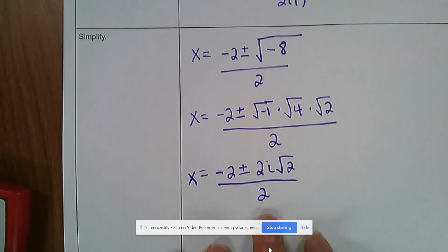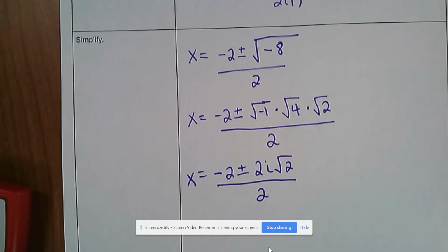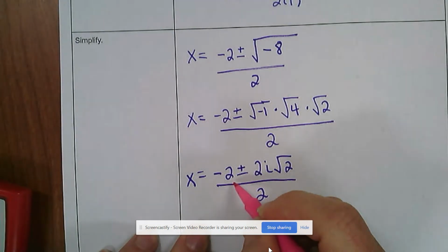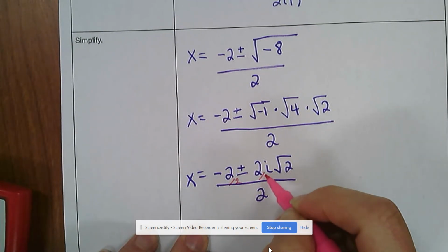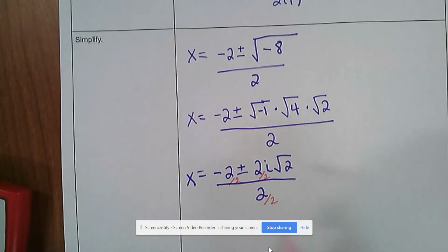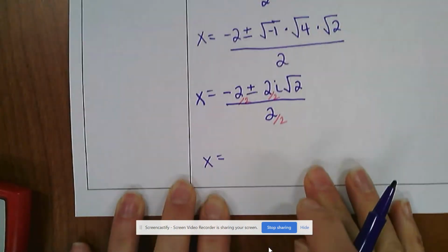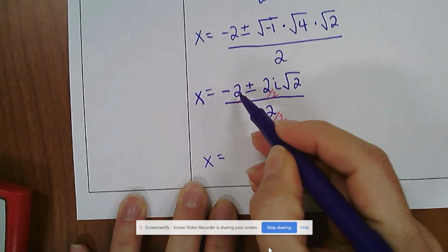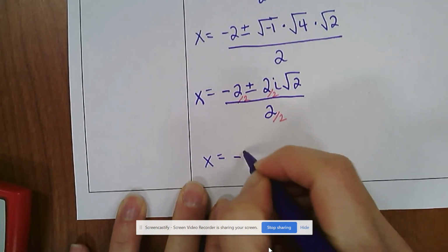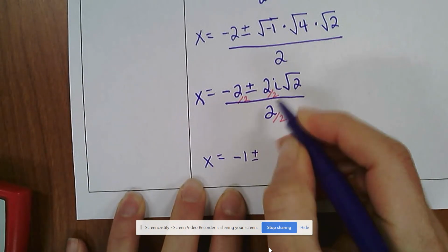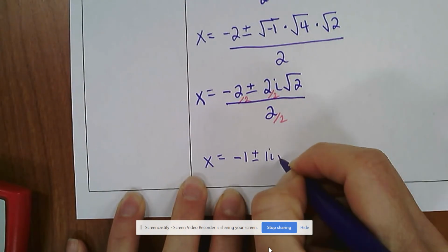Now, you can leave it like this, or you can reduce the fraction. If I wanted to reduce the fraction, what I would notice is that I can divide all of these terms by 2 just to make the equation as simplified as possible. And when I do that, I would end up with -2 divided by 2 is -1, plus and minus 1i radical 2.